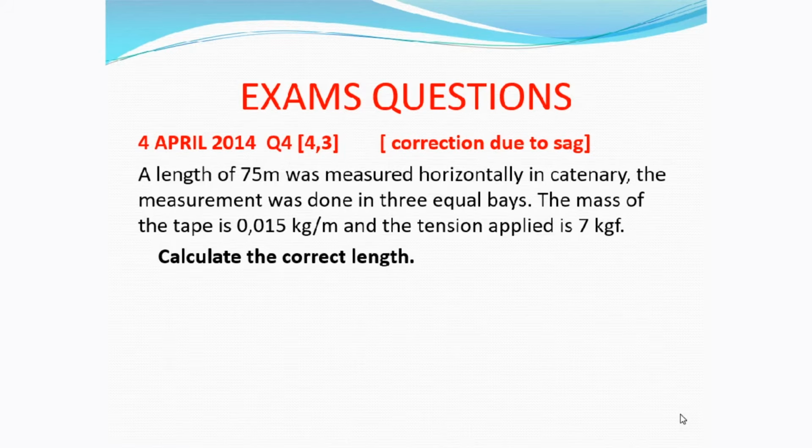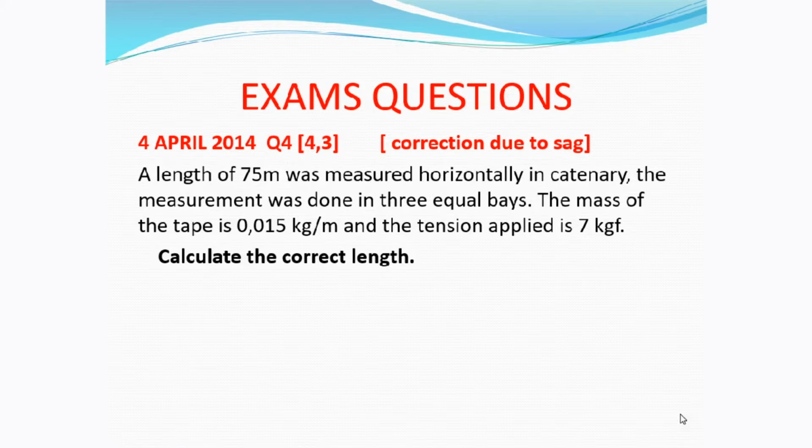Okay, let us go to the question paper for April 2014, question 4. Question number 4.3. The length of 75 meters was measured horizontal in the catenary. The measurement was done in 3 equal bays. The mass of the tape is 0.015 kg per meter, and the tension applied is 7 kilogram force.